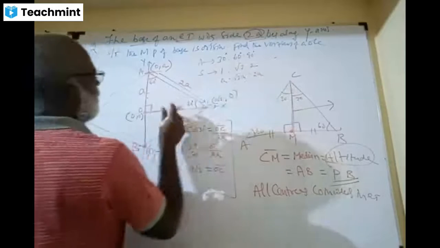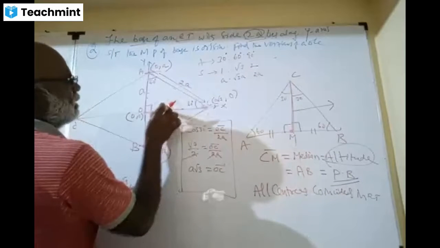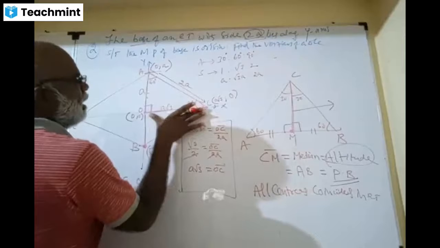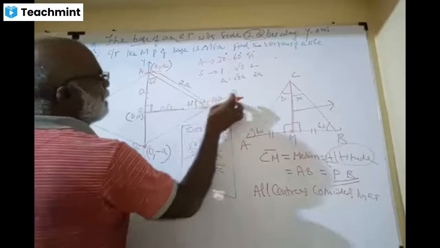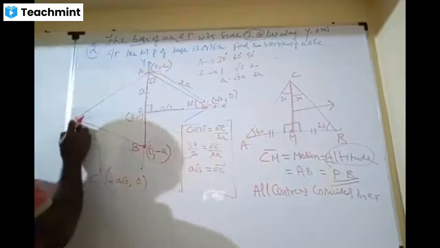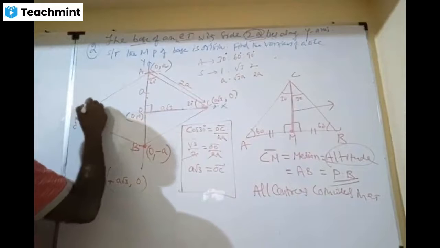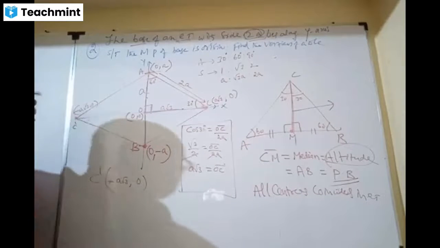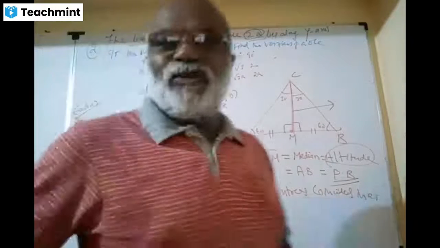That's it, dears, A root 3. So A root 3, 0 and minus A root 3, 0 is C dash. So the other two vertices are placed.